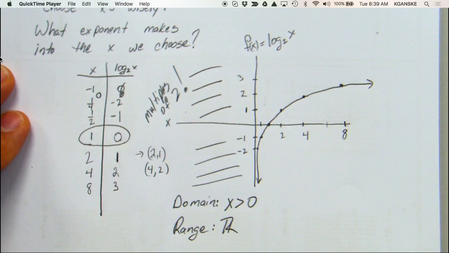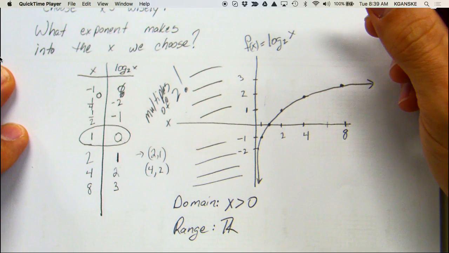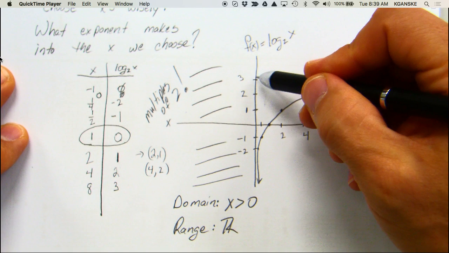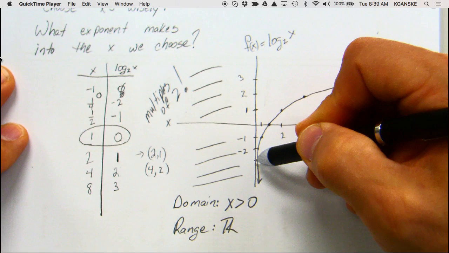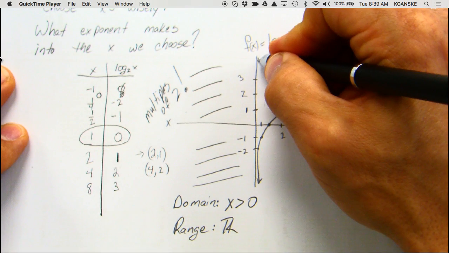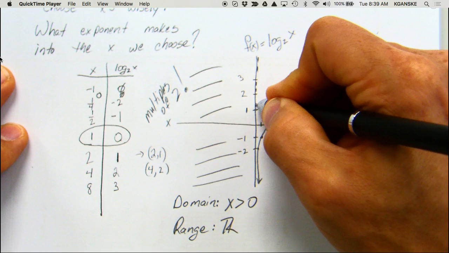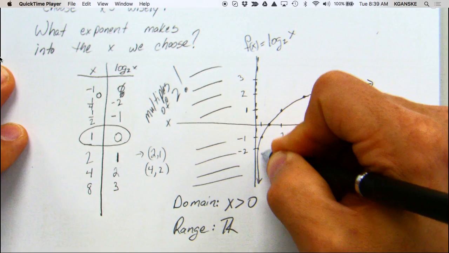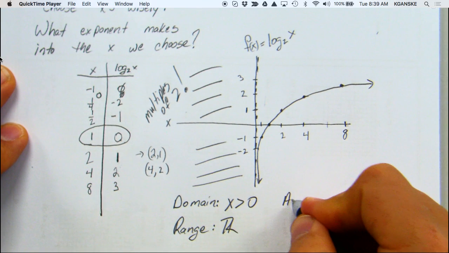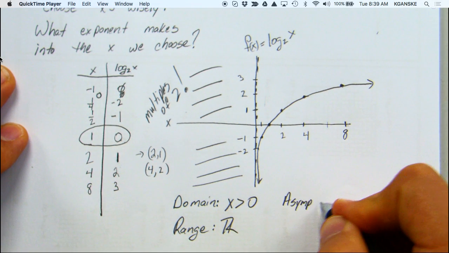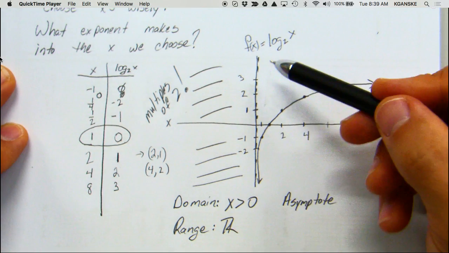And Ben brought up a nice little idea there. What's going on here? I think it was Ben. What happens here? There's an asymptote. There's an asymptote of, what's the name of that line?